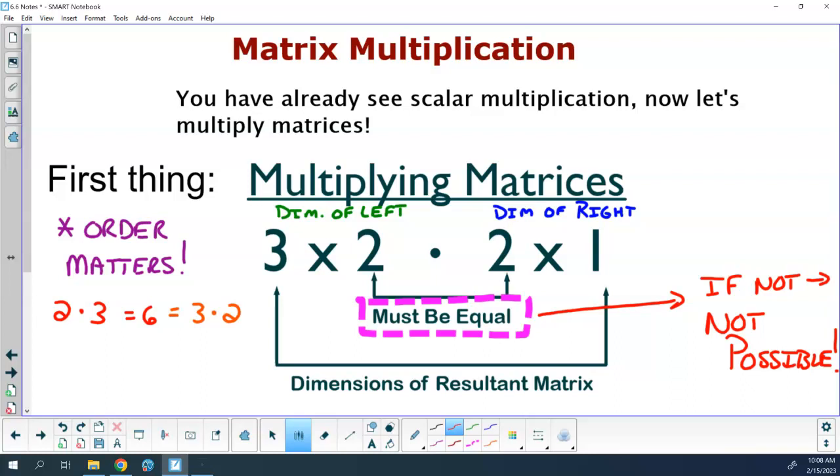together. If they are the same, then the nice thing is that the outer two dimensions, the leftover dimensions, this one and this one, give you the dimensions of your answer. And we're going to use that when we start.